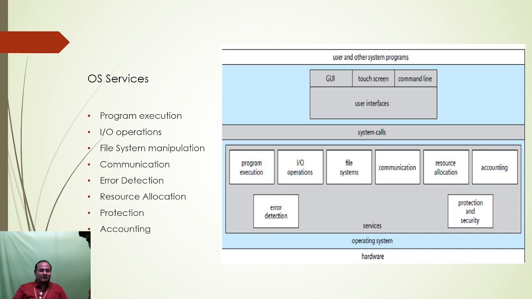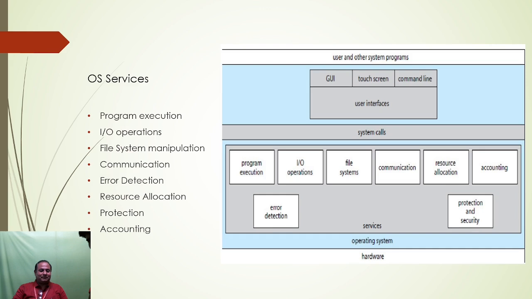Okay, so I already said the OS makes for more CPU utilization. Suppose any resource is free, it will be allocated to the user who needs that resource. And also protection. I already said the OS supports security, and we can secure our system with the help of a username as well as a password.